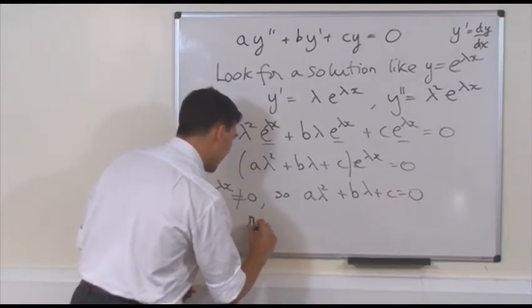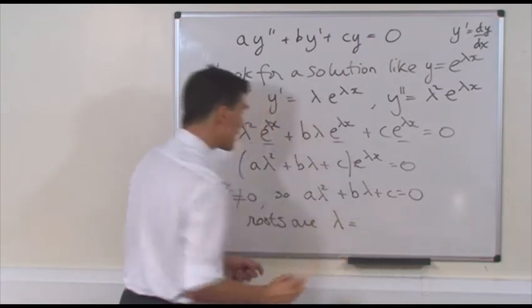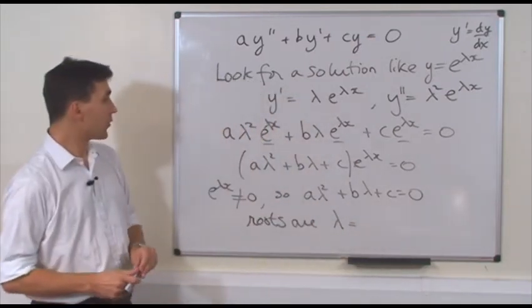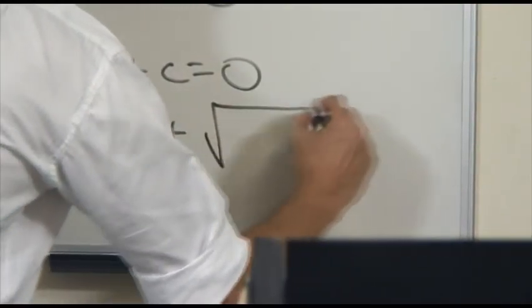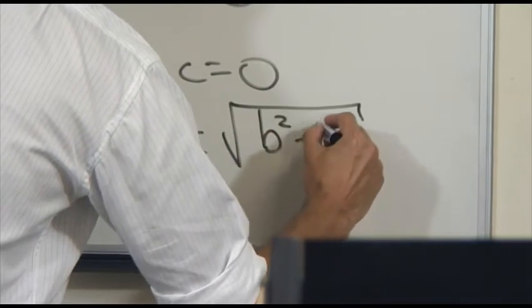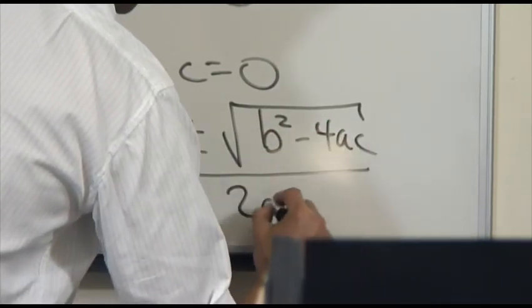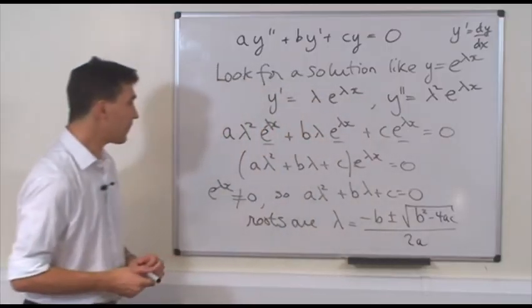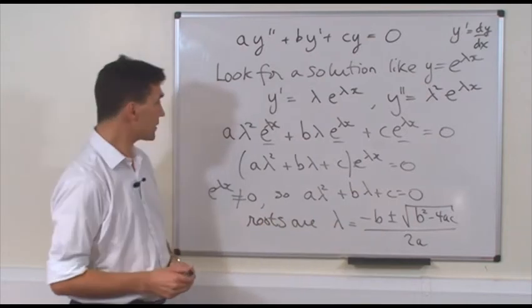The solutions, or the roots, are lambda is, and now we just use the quadratic formula, so lambda is minus b plus or minus square root b squared minus 4ac, all divided by 2a. So we've got two roots, one with the plus and one with the minus.